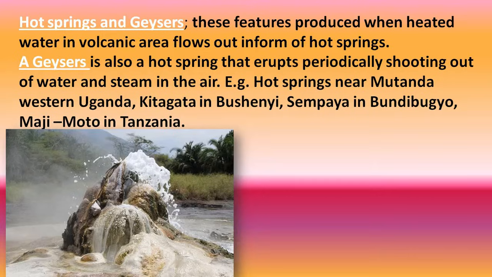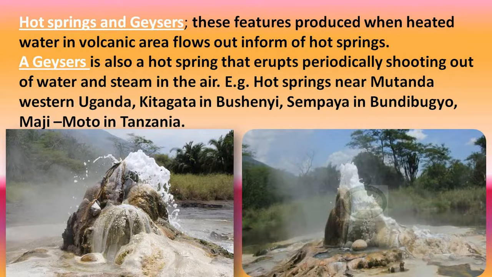For example, hot springs near Mitandi in Western Uganda, Kitagata in Bushenyi, Sempaya in Bundibugyo, Majimoto in Tanzania, quite a number, and these are found in volcanic areas. We shall understand the geography of the water springs, but now we are looking at features formed by extrusive volcanoes.